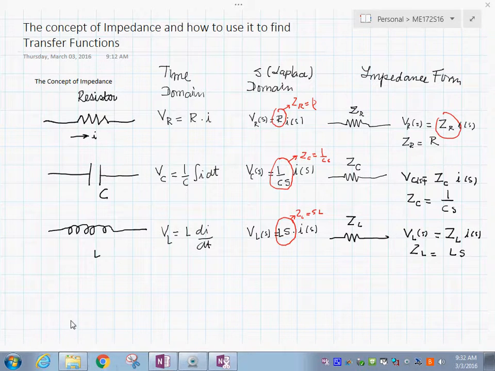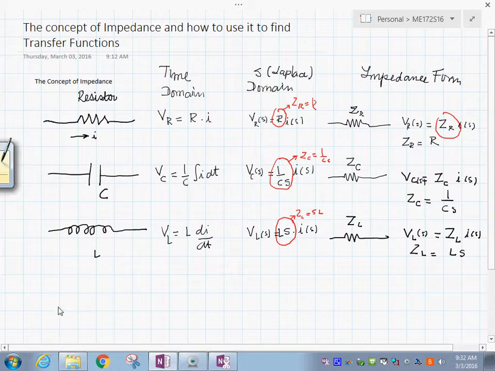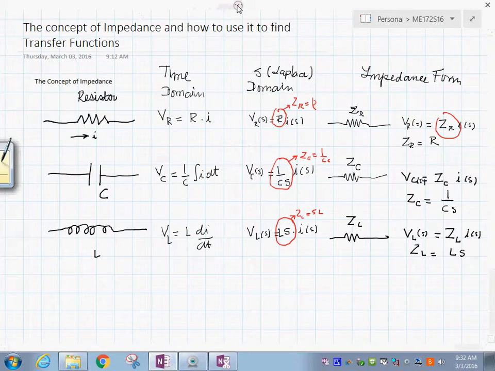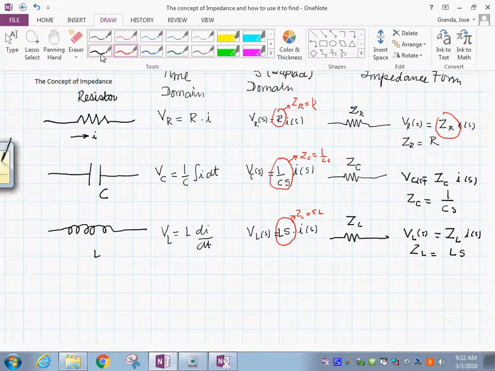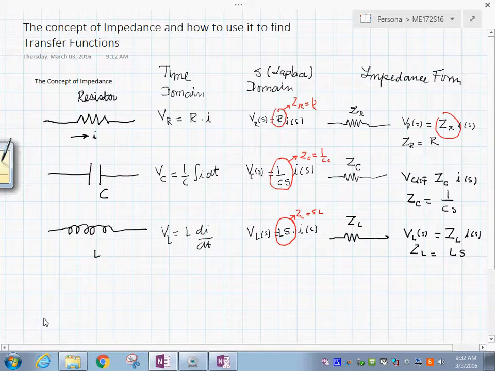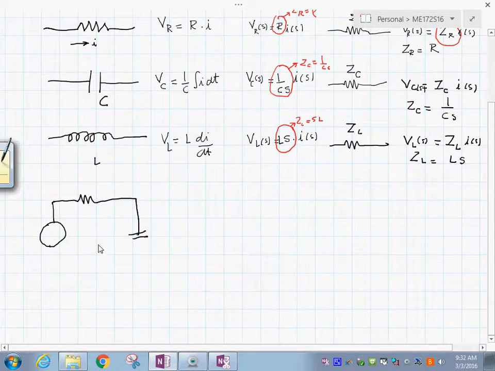So let's build this circuit. We're going to put the capacitor over here, and then we'll put the inductor over here, where this is the voltage here, this is the R element, this is C, and this of course is L. We know that this is the current I.